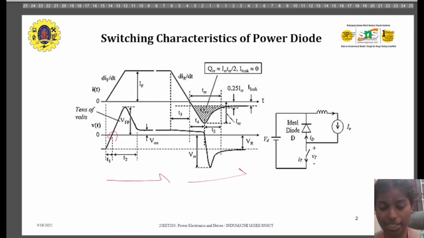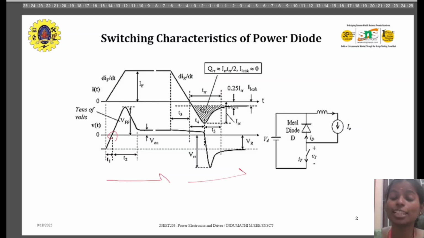We'll call it the reverse transition time. And reverse recovery time is the sum of storage time and transition time. So normally reverse recovery time is the time taken from the conduction state to the non-conducting state. So that's called reverse recovery time.